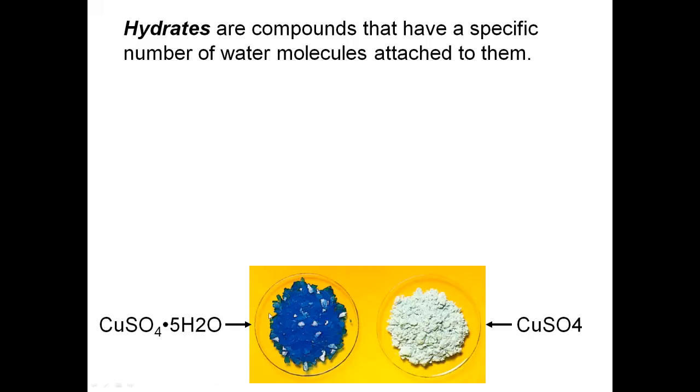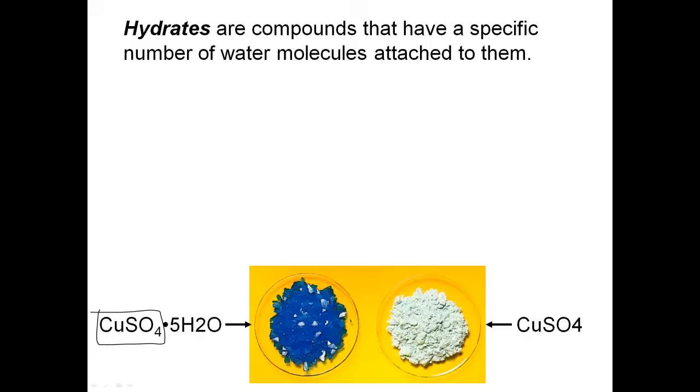And here's a couple examples. This is hydrated copper sulfate. So we have copper(II) sulfate. In its natural form, it's these brilliant blue crystals. And it's really this copper sulfate ionic lattice that has 5 water molecules attached to every copper sulfate structure.